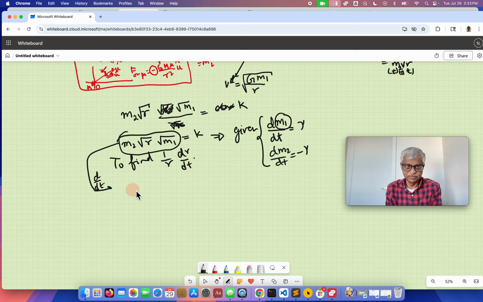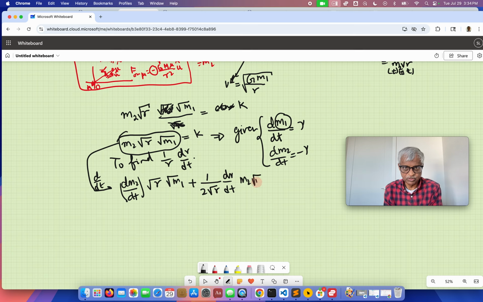So first for m2, I just get dm2/dt times square root of r square root of m1, plus we're going to get 1 over 2 square root r dr/dt m2 square root of m1, plus m2 square root of r times 1 over 2 square root of m1 dm1/dt.